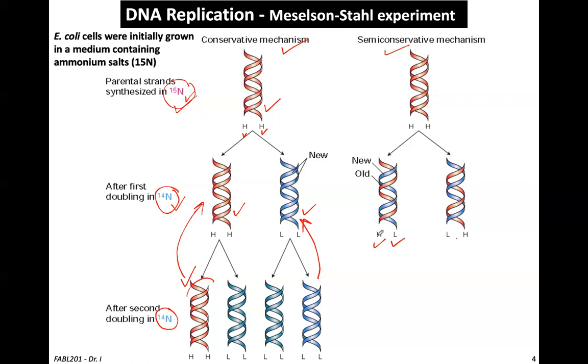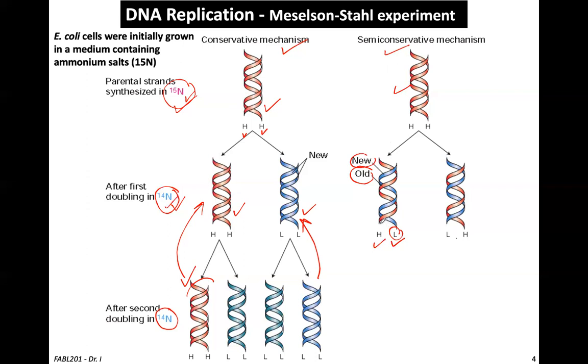The heavy strand came from the parent, and the light strand came from the medium, which is the normal nitrogen. So you have two copies of DNA per bacteria, and each of them consists of one old strand from the parent and one new strand from the N14 medium.